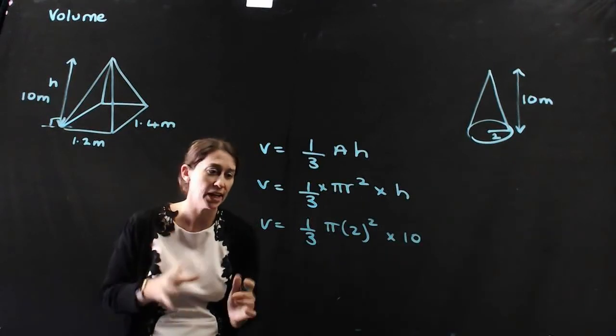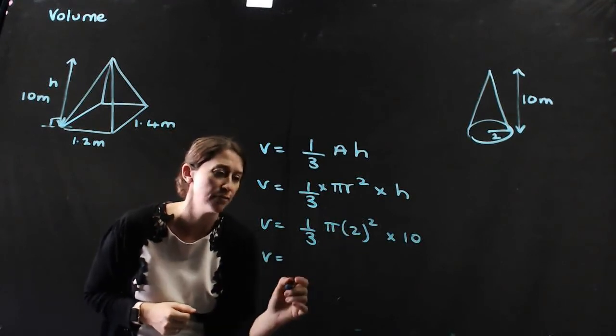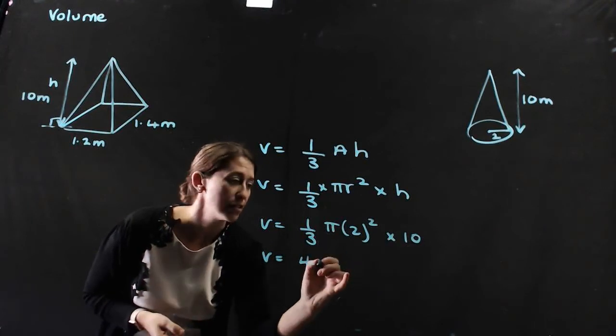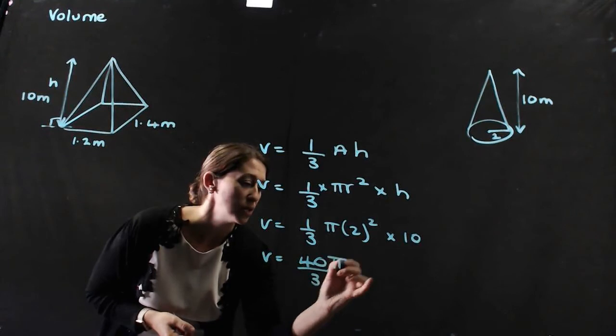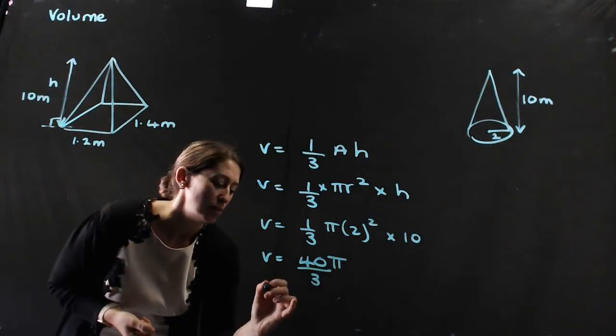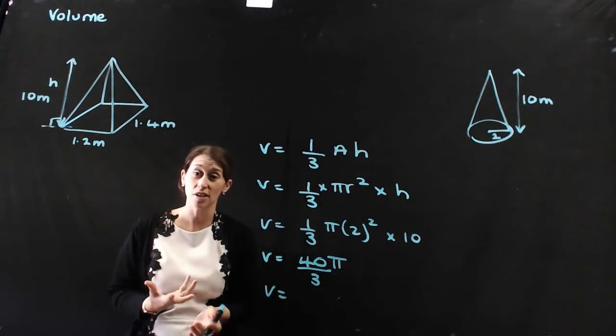I'm going to do an exact value, that means just writing it in terms of pi. So 2 squared is 4, so I've got 4 times 10 is 40, divided by 3, multiplied by pi. 40 over 3 can't be cancelled down, so that is as far as it's going to go.